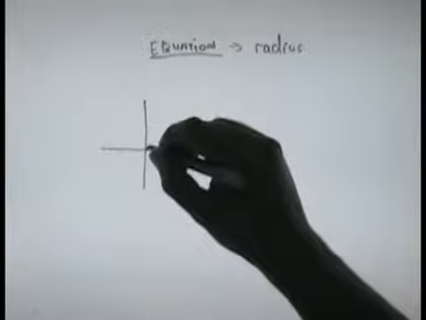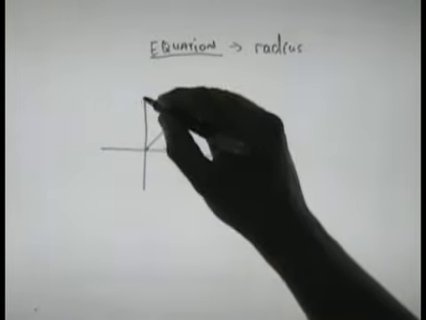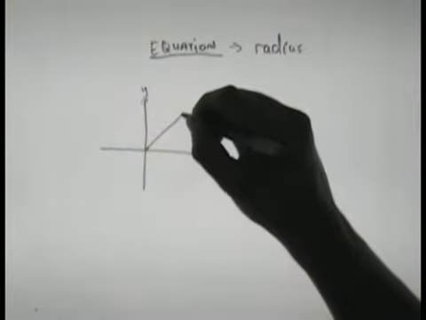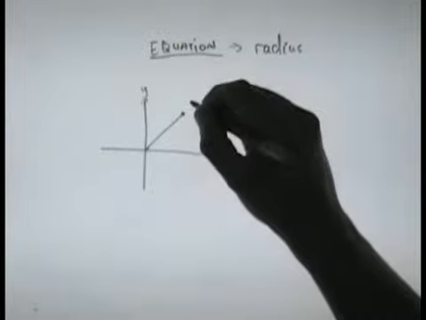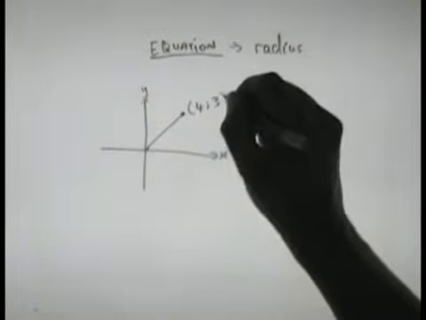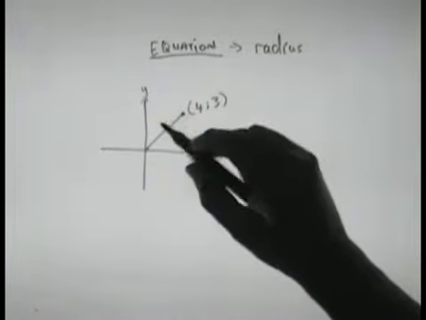If I am drawing a line from my 0 point, 0, 0, my origin, and I'm drawing it to the point x is equal to 4, y is equal to 3, let us look at what the distance of that line would be.